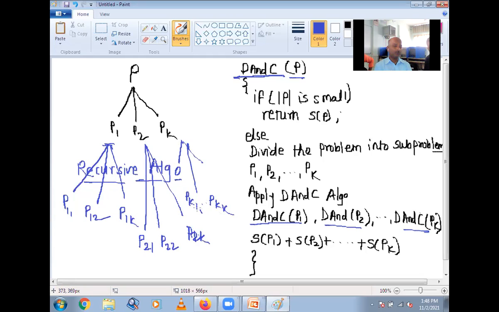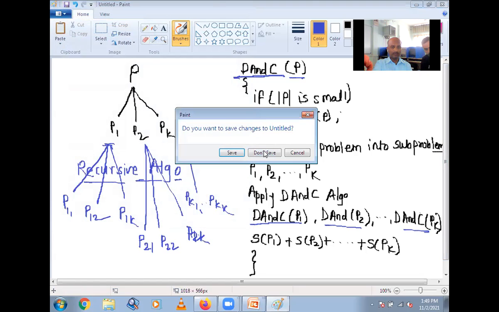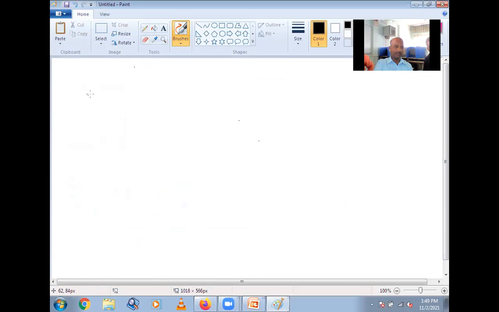Then what is the time complexity? In general, the time required to solve a particular problem or algorithm is the time complexity of that problem. Suppose the problem P has size n.